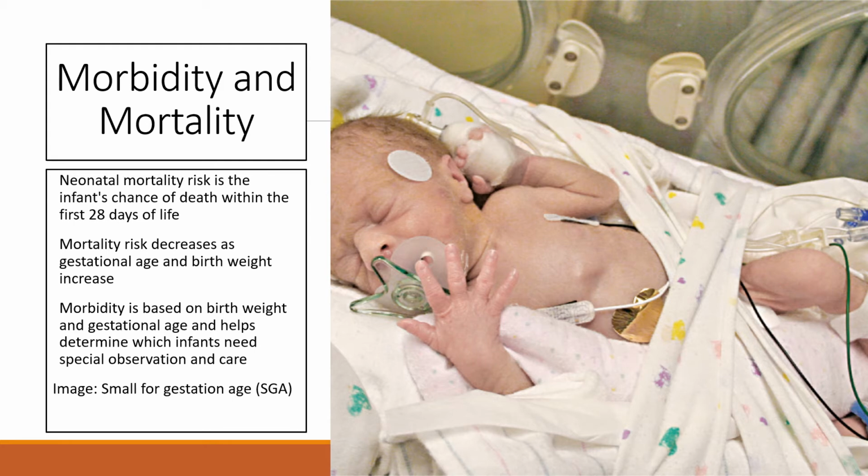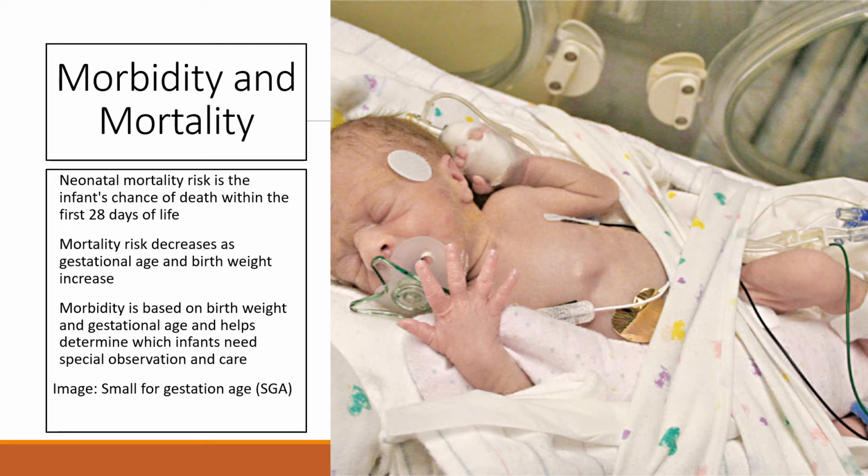So the baby that you see on the screen in front of you is classified as small for gestational age. If you look at this baby, you may think that the baby might be preterm, but if you look at the skin, you can see that they have little or no subcutaneous tissue or fat, but they have a small amount of breast buds, and there is some wrinkling to the skin that leads you to believe that the baby has been in utero for a little bit and has developed all of their fingers and toes and toenails and everything.